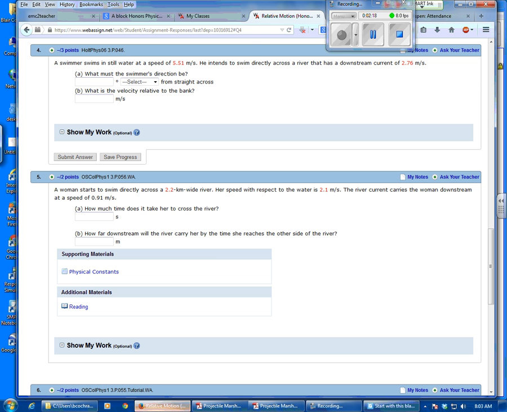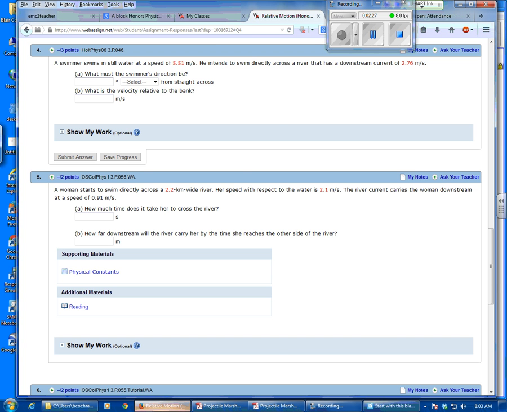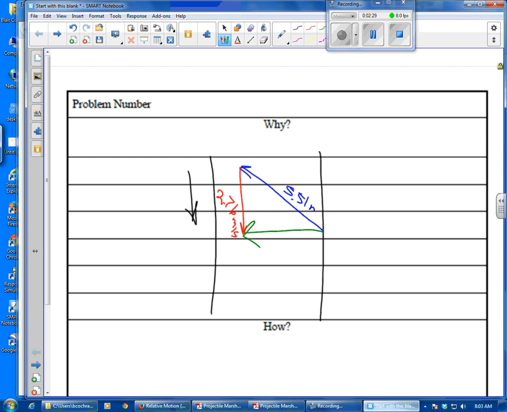The swimmer's speed is 5.51 meters per second. And then this would be v of swimmer relative to ground. So that's what I would put for my y, that vector diagram.